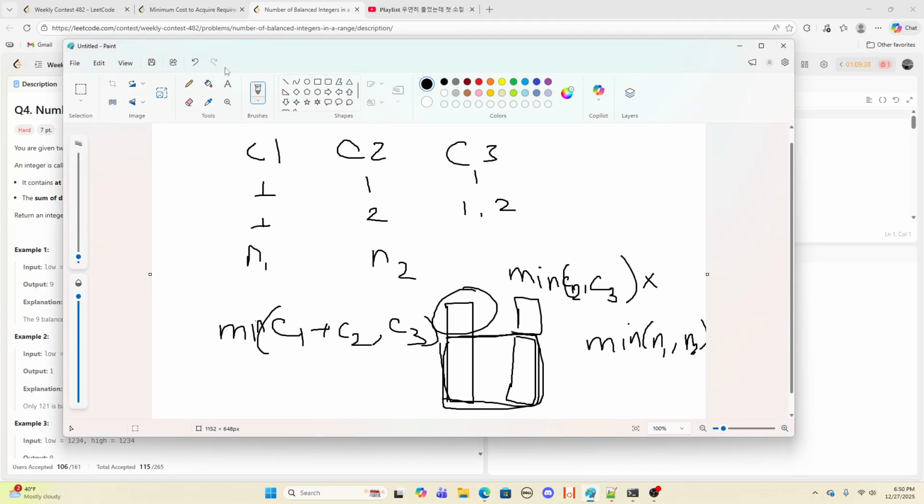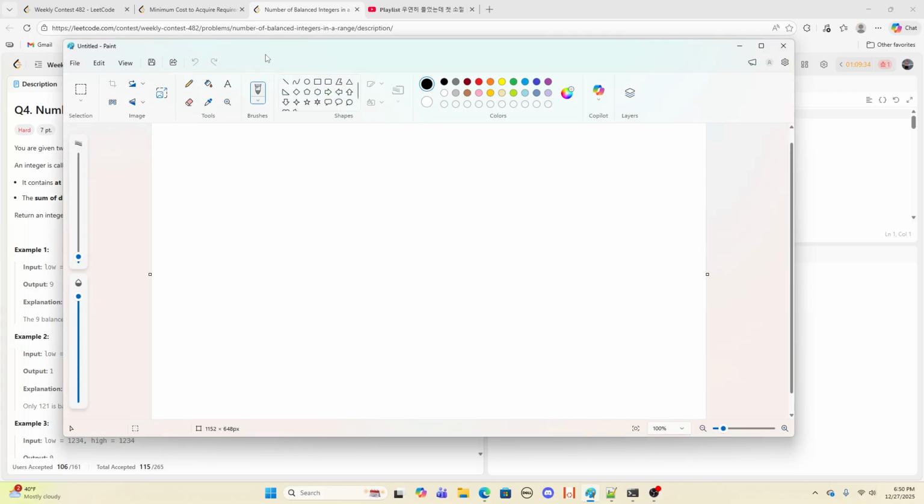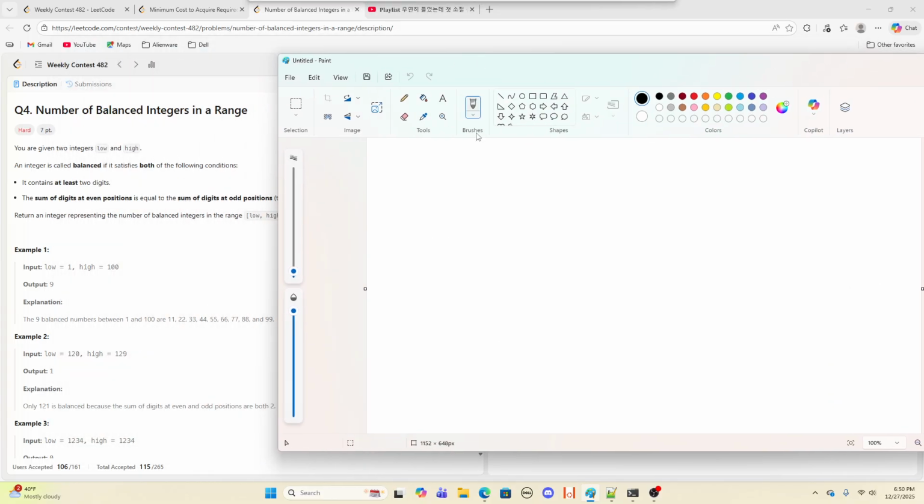Q4 is you have left and right. You have to output the count of numbers that have at least 2 digits, so D is greater than or equal to 2.